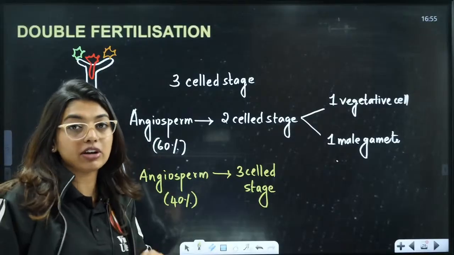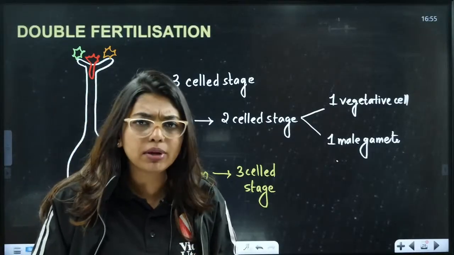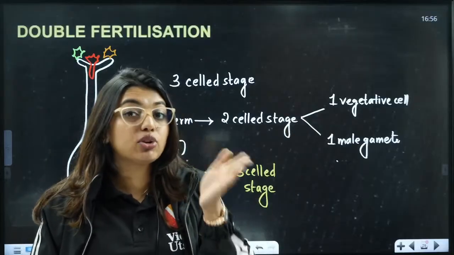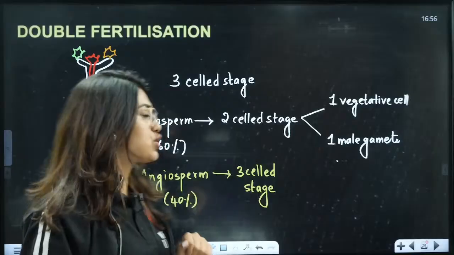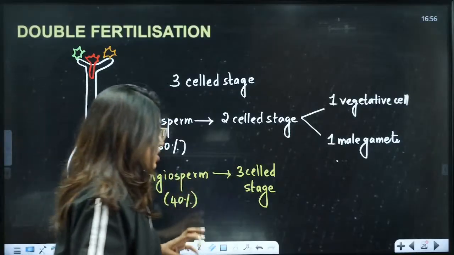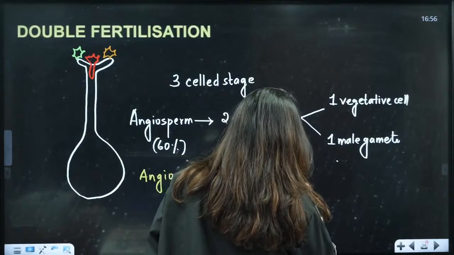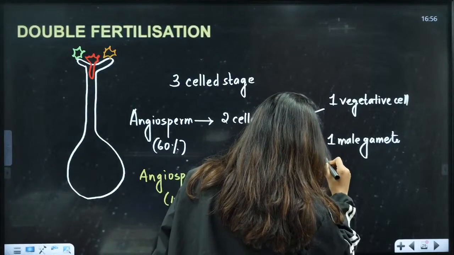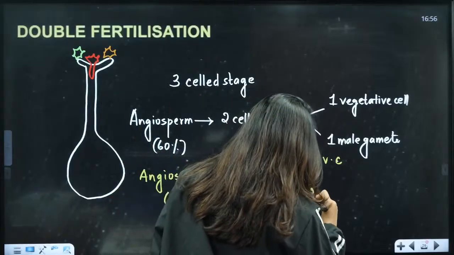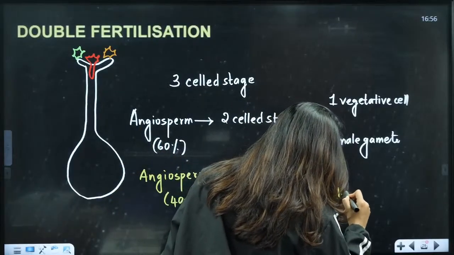So in this problem, two grooms and one bride, we have to arrange one more bride. I'll tell you who's going to be the bride. So in angiosperms, 40% move to the three-cell stage. In the three-cell stage, one vegetative cell is there, and the generative cell divides, so here we get two male gametes.